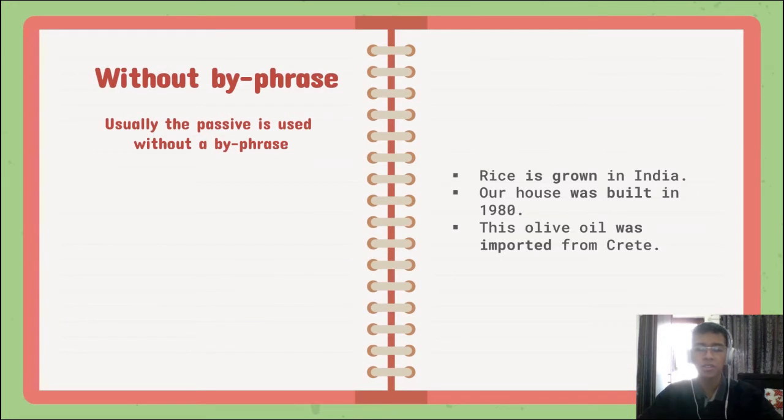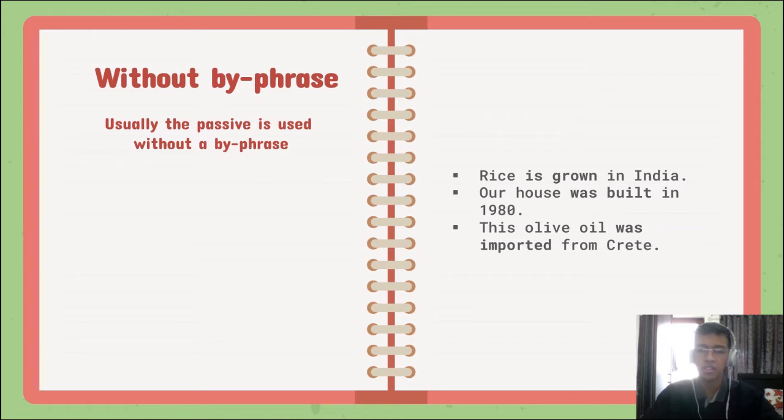The first one is using the passive voice without the by phrase. Usually the passive is used without the by phrase when we don't know who performed the action.